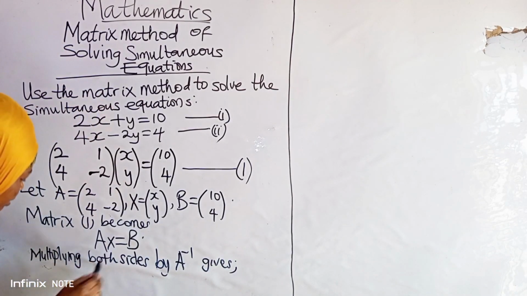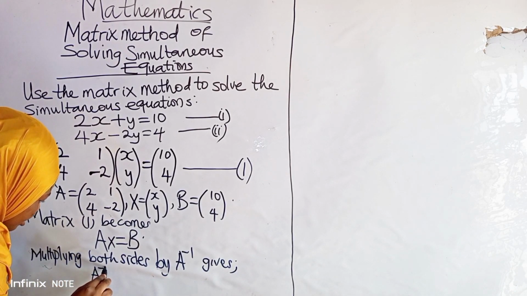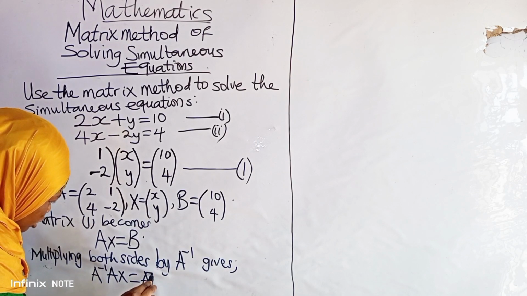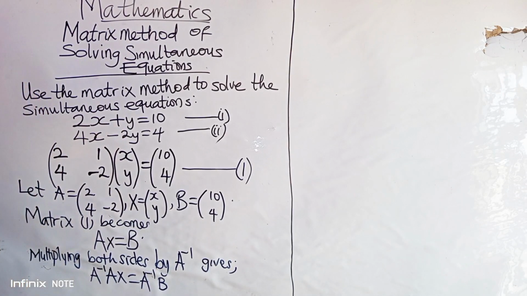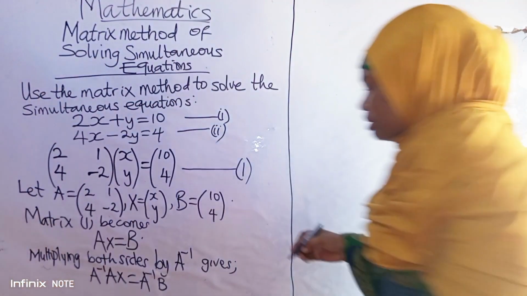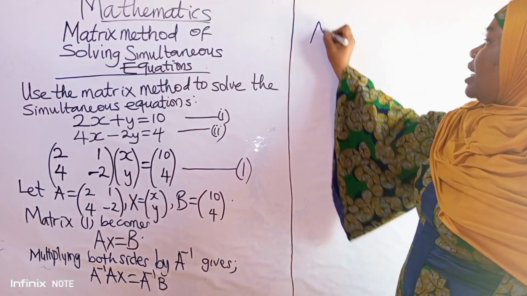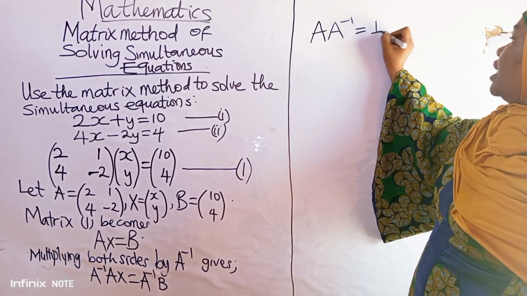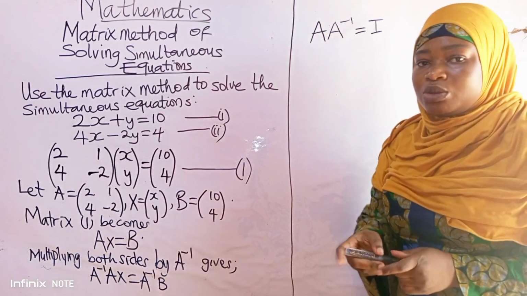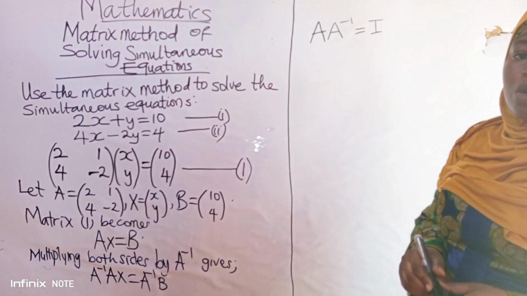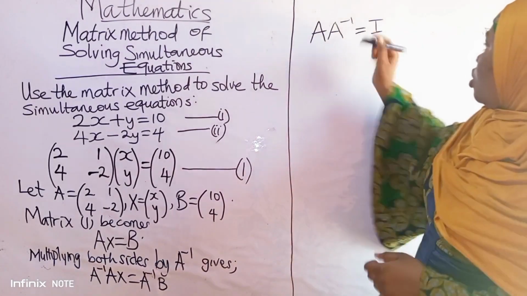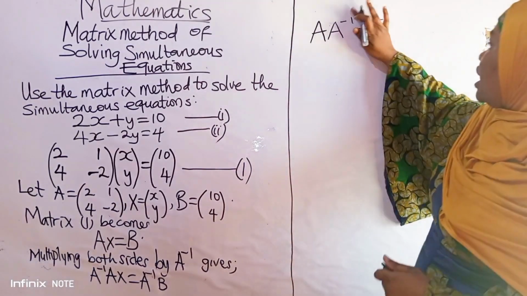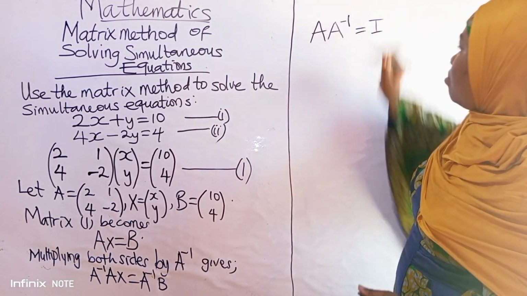That means I'm multiplying A inverse by AX, then A inverse multiplied by B. You have to remember that anytime I multiply a matrix by its inverse, I will always have an identity matrix. I explained that when we were doing the inverse of a matrix.